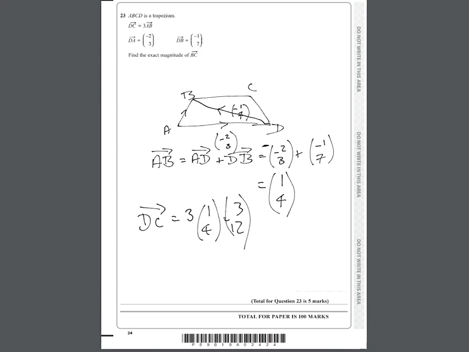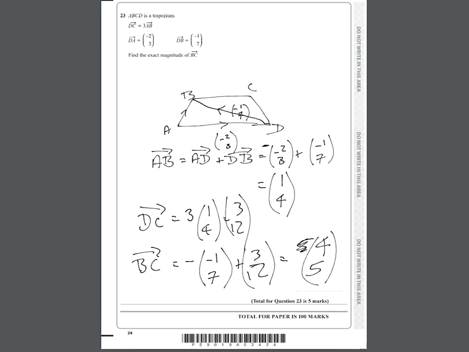So then B to C is minus 1, 7 plus D to C, which is 3, 12, which is 2, 5.